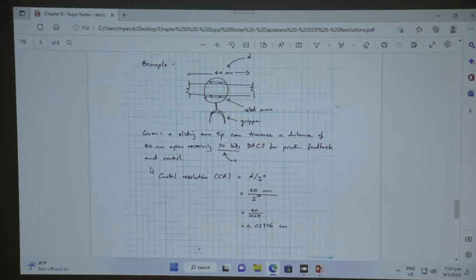So your control resolution, CR, will be D divided by 2 to the power of N. So 40 cm divided by every increment. With 10 bits, you have 2 to the power of 10 combinations, so you end up with 40 cm divided by 2 to the power of 10. 2 to the power of 10 is 1024. So your control resolution is 0.03906 cm.